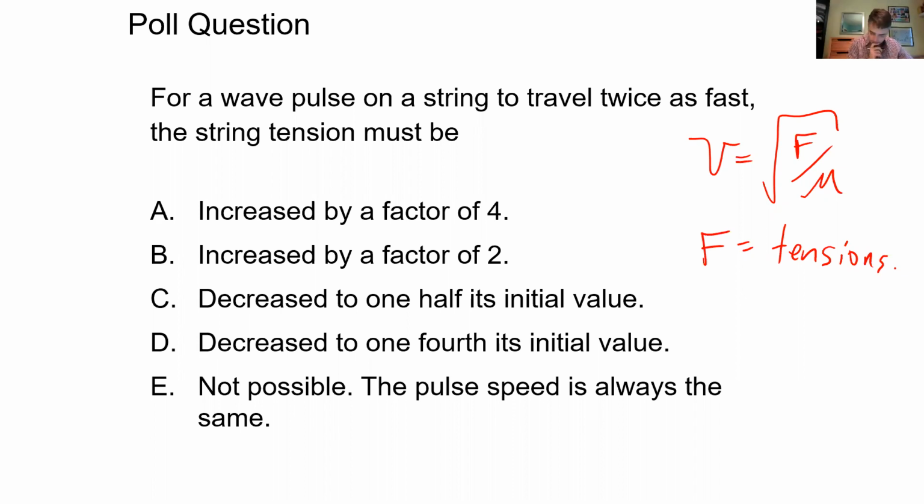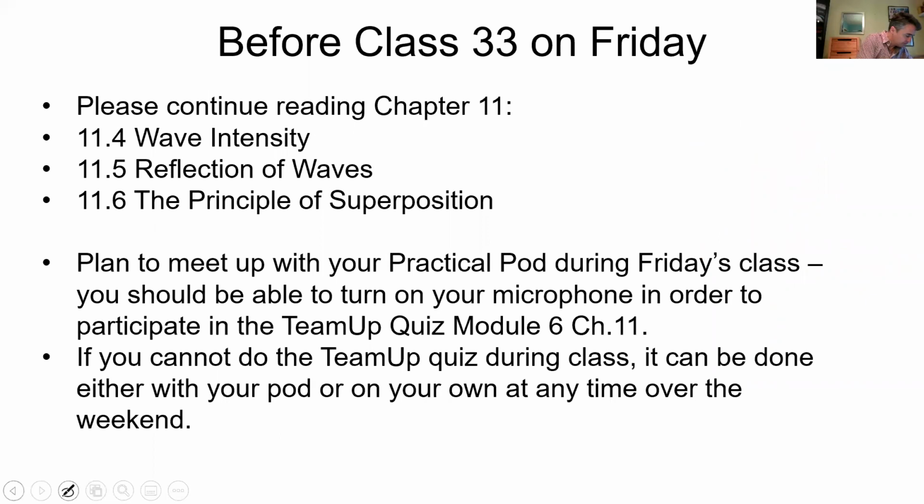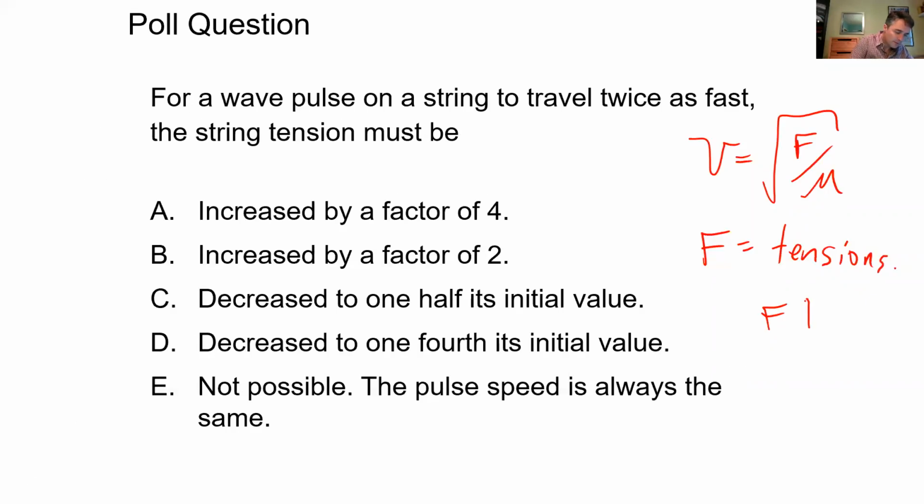You can check that. So if F goes up by a factor of 4, then v will go up by a factor of the square root of 4, and you'll get pulses that are going twice as fast.